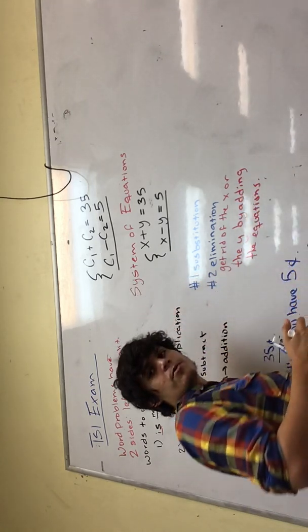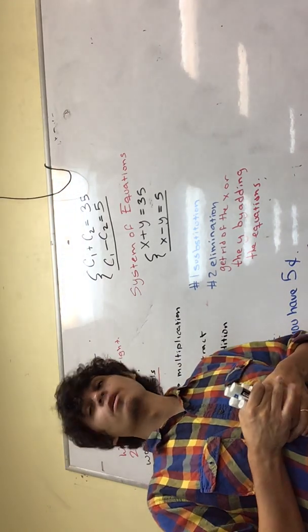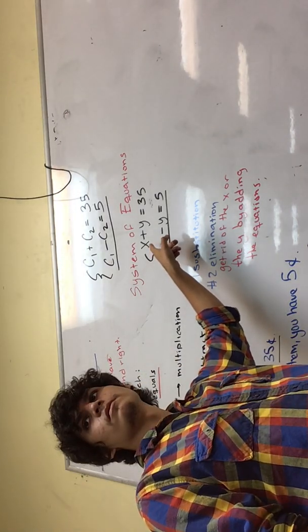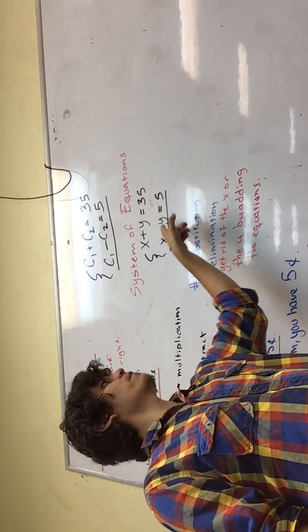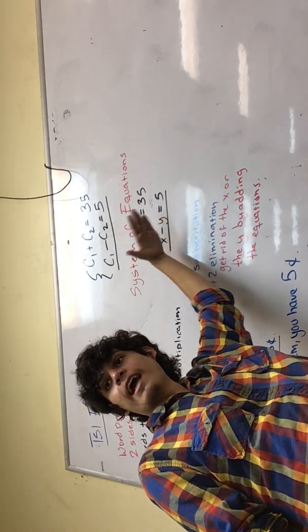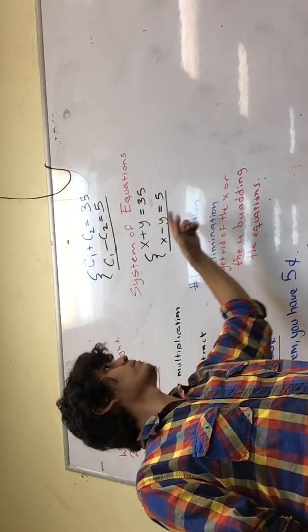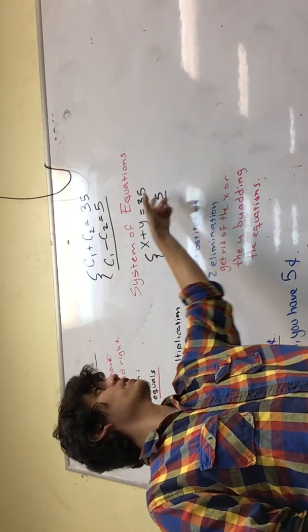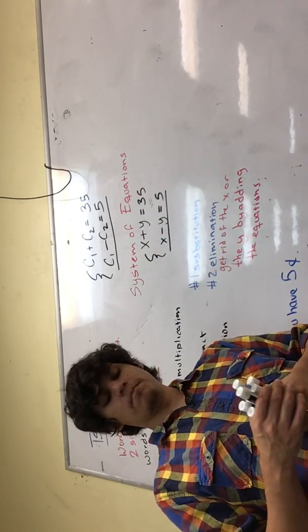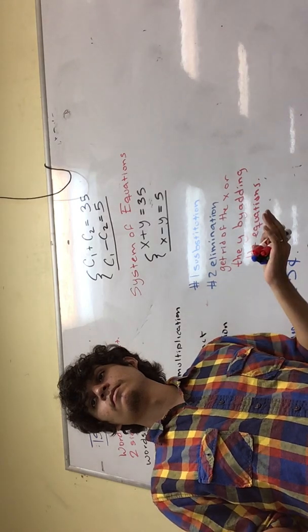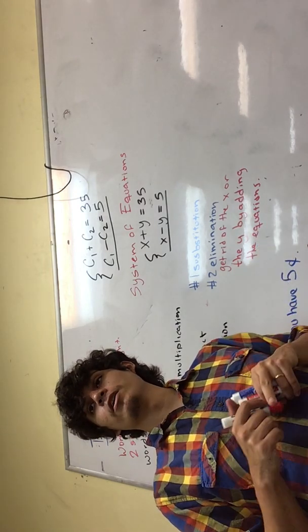Now, there's a little more involved to it than that, but let's start with that simple explanation. Look at this. x plus y is 35, x minus y is 5. If I add them together, this plus this, this plus this, this plus this, what am I going to get rid of?